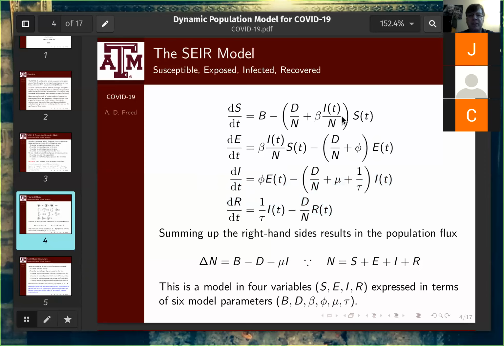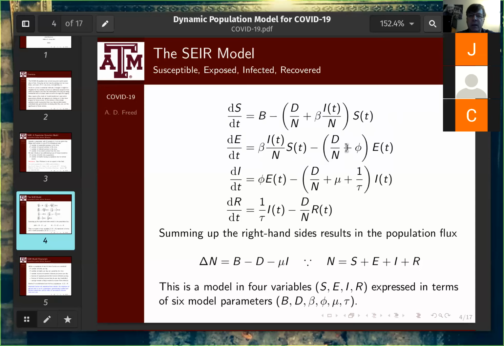This is common in all population models that go back to Lotka and Volterra in the late 1800s, where they were looking at predator-prey models. So you can think of it as taking terms from the susceptible and putting them into the exposed.